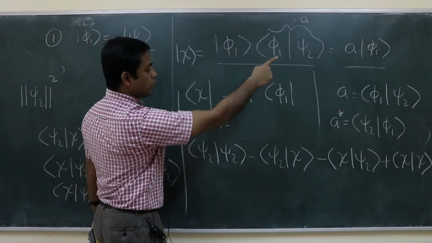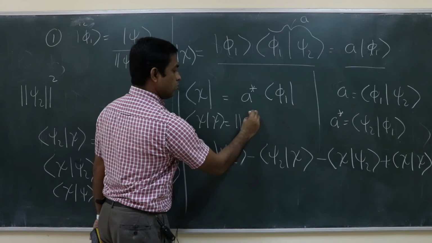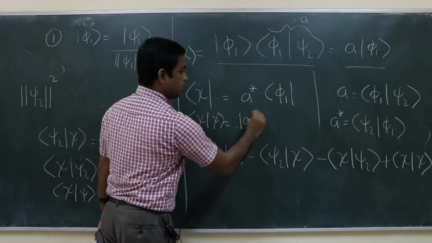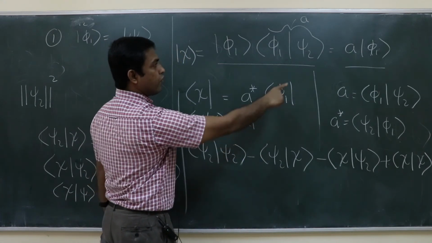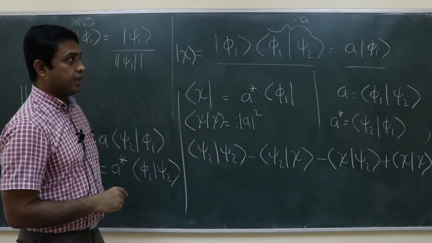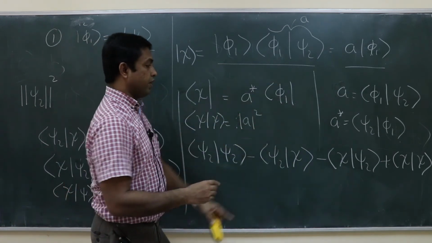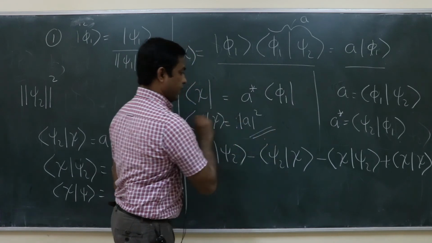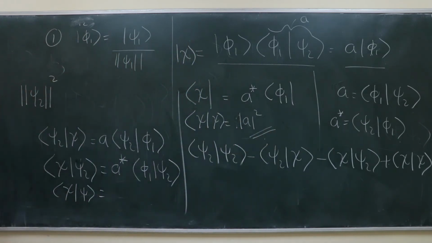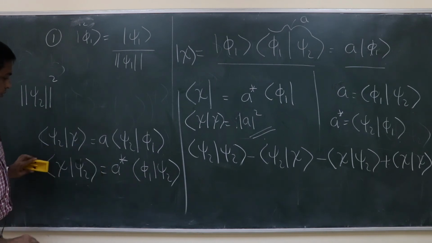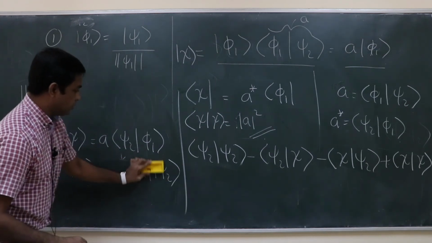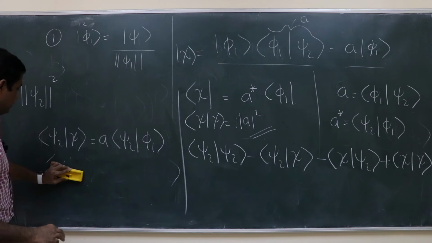So A star into A, mod A square. Okay. And bra phi 1 ket phi 1, what is it equal to? Bra phi 1 into ket phi 1 is 1. So this is mod A square. Okay. Now let us substitute. So what is A? We will come back to this. Okay. So let us finish this.